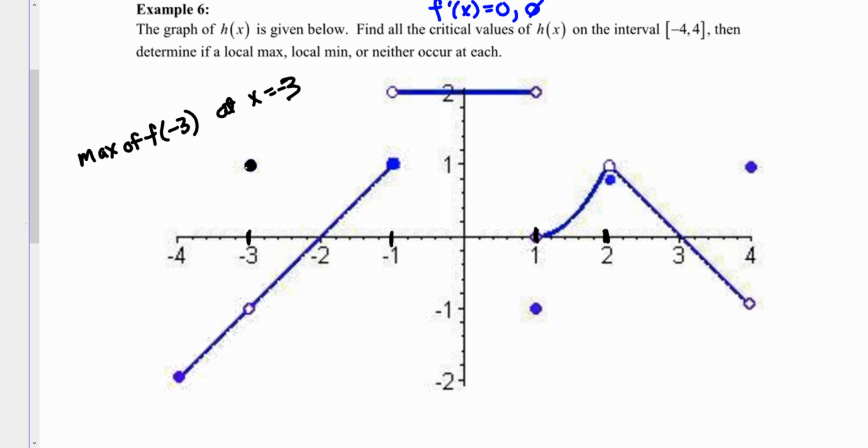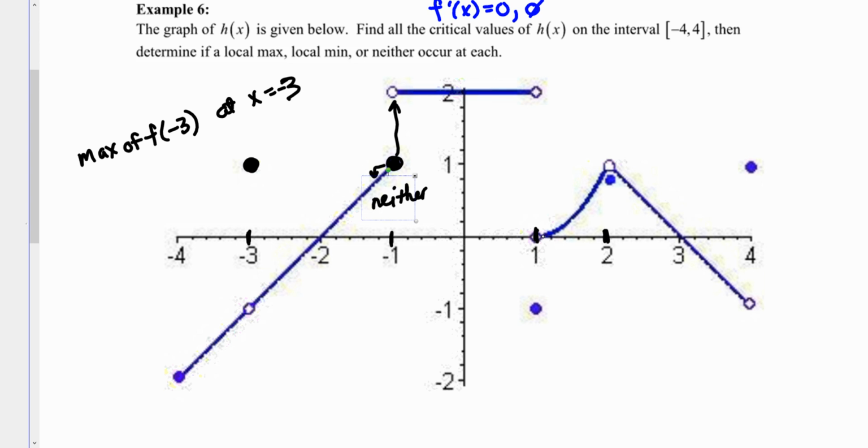The reason why this is a maximum is because if you look to the left and look to the right, there are no values greater than that. All right, so how about this point right here? Look to the left, we have values that are lower. Look to the right, we have values that are higher. So this is neither at this point.